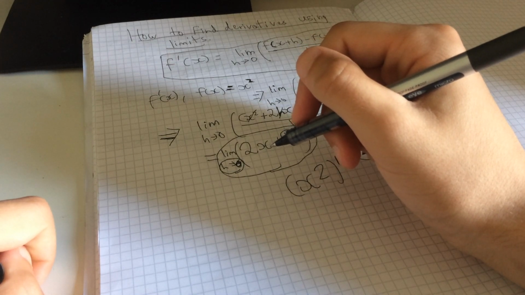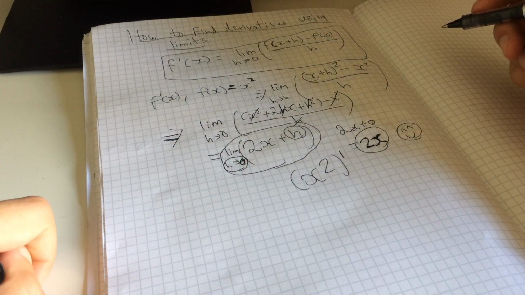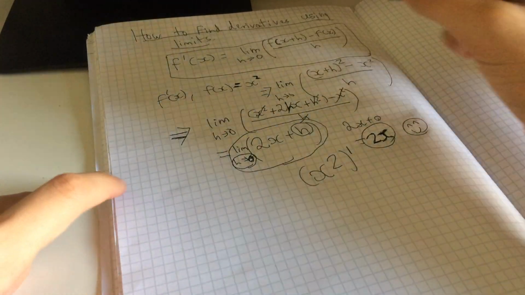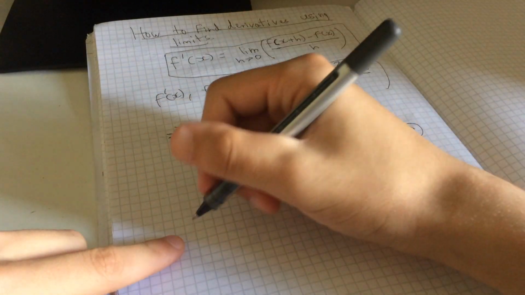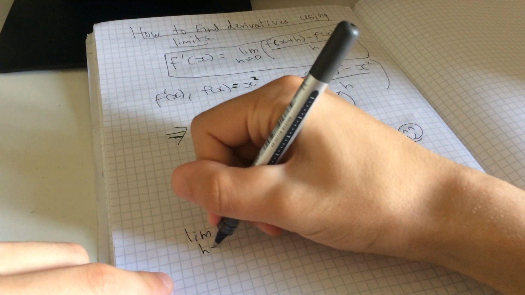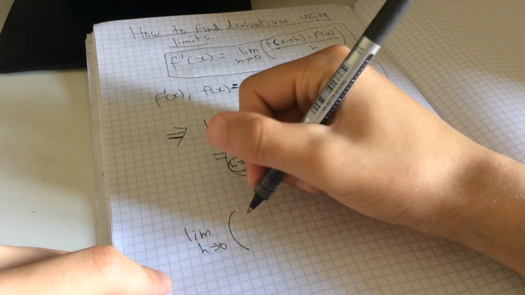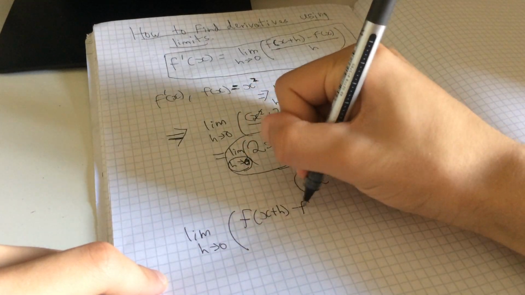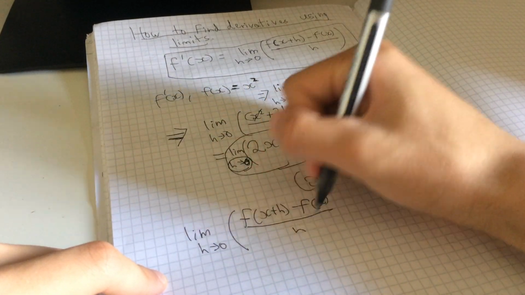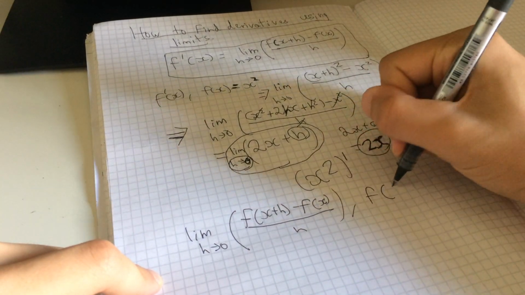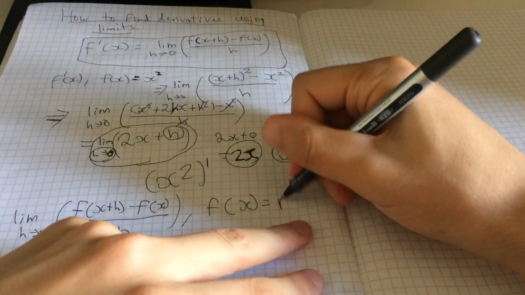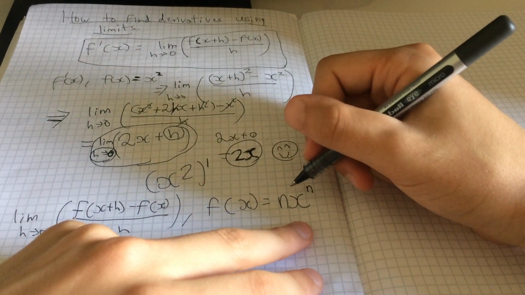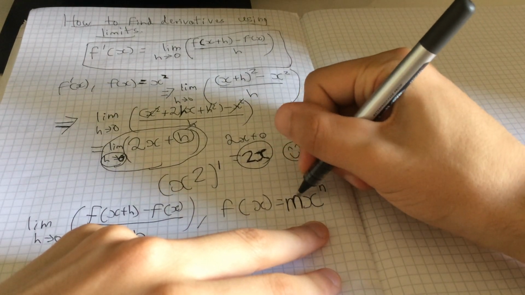Well, how about instead of just forming the derivative of x squared, we take the limit as h approaches 0 of f of x plus h minus f of x over h, when f of x is equal to x to the power of n.